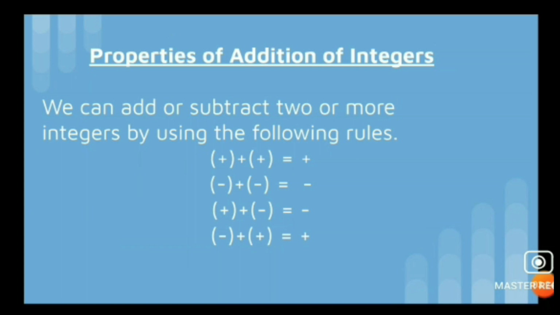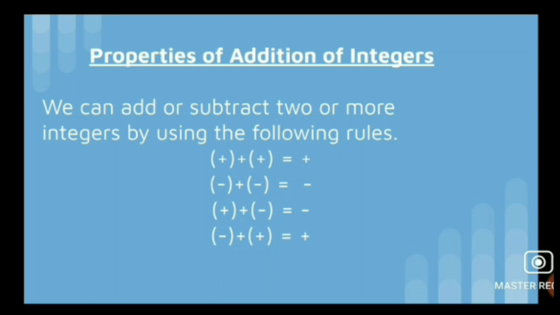Now let us discuss the properties of addition of integers. We can add or subtract two or more integers by using the following rules. When we have the same sign, we have to add and put the same sign. So positive integer plus positive integer means we have to add, and before that integer we have to put the plus sign. Next one, same sign, so we have to add, and before that sum you have to put the negative sign.